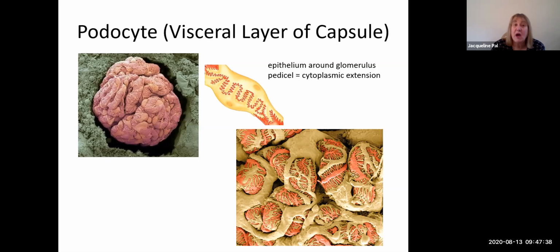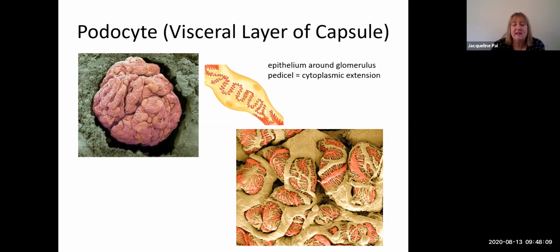The prefix pod, P-O-D, like podiatrist, refers to feet. These foot cells have little toes or digits that interdigitate with each other, so the ones from one cell will interdigitate with ones from another cell. Each of these little toes is a cytoplasmic extension known as a pedicel.